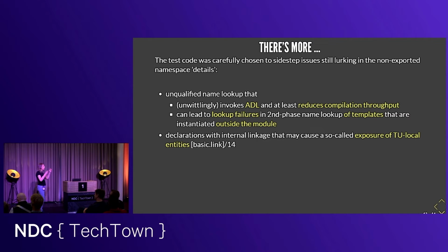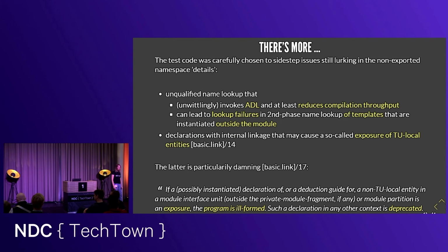And if you have, for example, an exported function that is completely inlined within the interface unit, then you have the body in there, and there you might refer to such a translation unit local entity. Then you expose this translation unit local entity that is not reachable from the outside to the user, and the user code will try to link to this translation unit local entity.